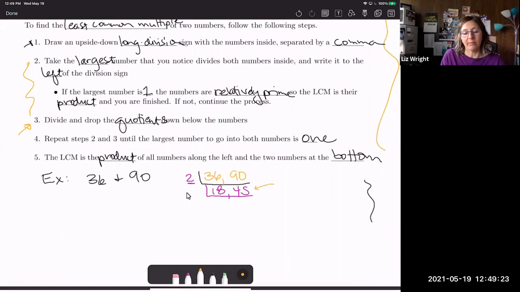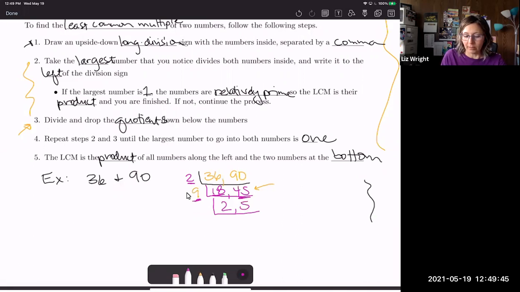So I look at 18 and 45 and say, can I take anything else out? Yes. I see that we could take out a 9. And then if we drop that down, 18 divided by 9 is going to give me 2. 45 divided by 9 is going to give me 5.